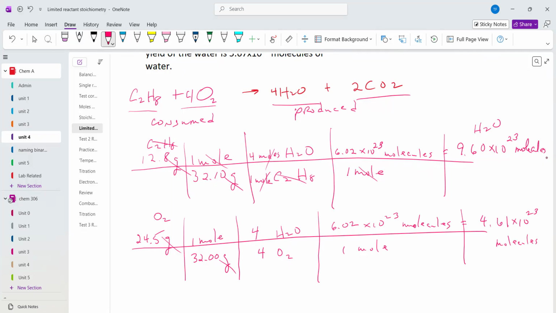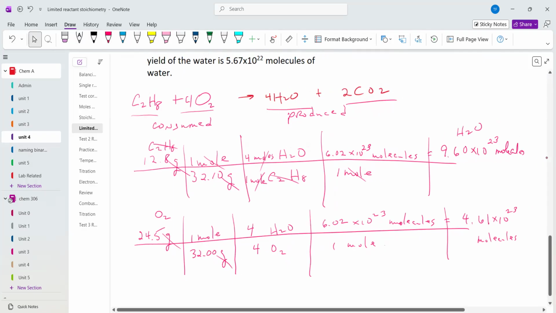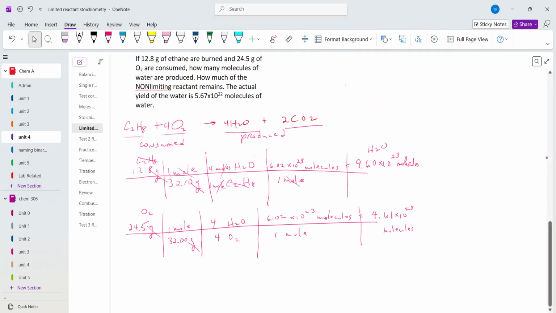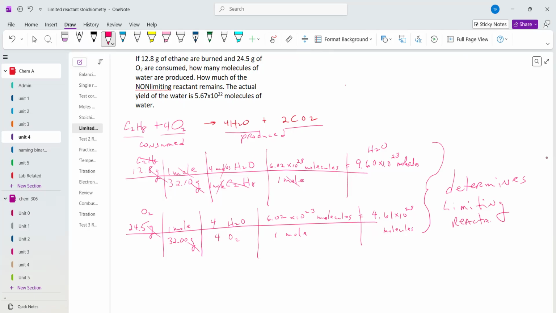Okay, so the next step is, this determines the limiting reactant, okay? Which is going to be this guy there.